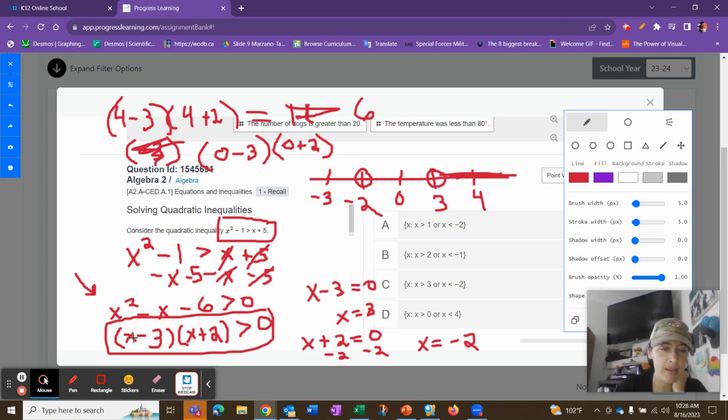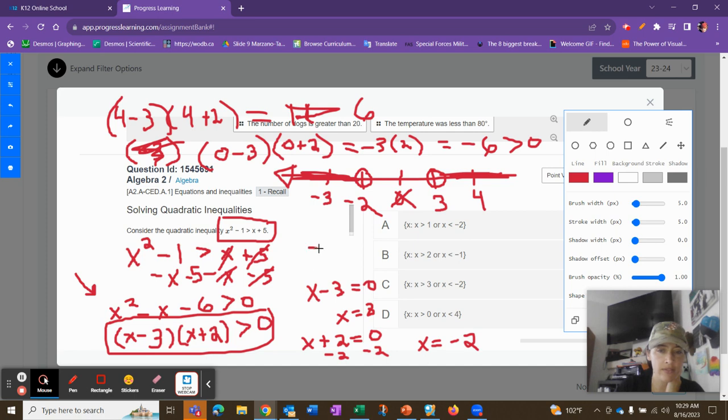Okay, good. So now I plugged in 0 for x. I get negative 3 times 2, which equals negative 6. And remember, we're checking for, is that greater than 0? No. So this is not a solution. So right there, we kind of have a strong hint that we need to shade this way. But let's check it. Let's try negative 3.